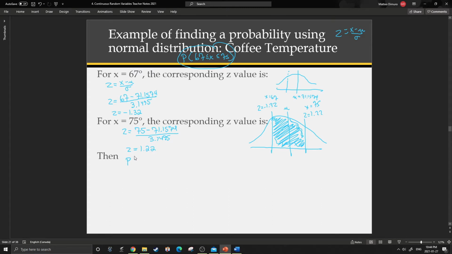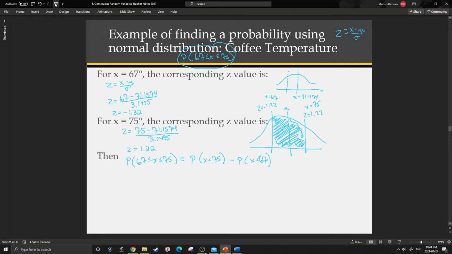Well, we already wrote that the probability that x is between 67 and 75, so that's how you write that part. Now we're going to write, well, it's equal to the probability that x is less than 75 minus the probability that x is less than 67.